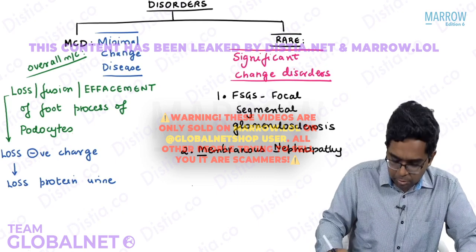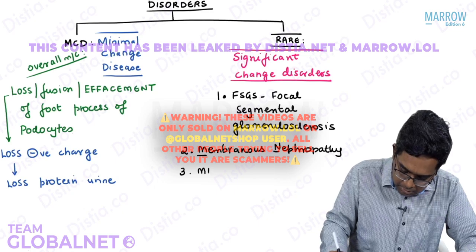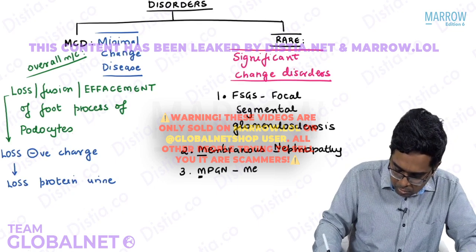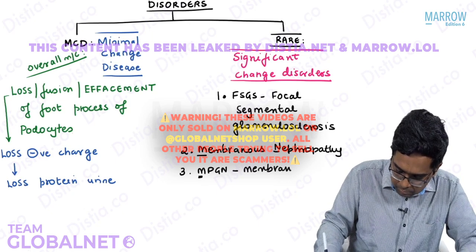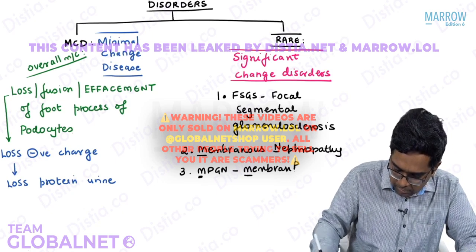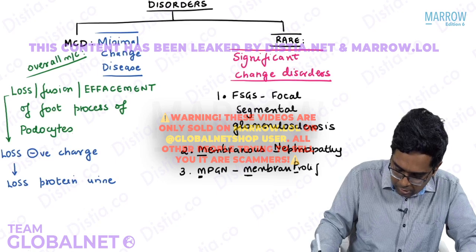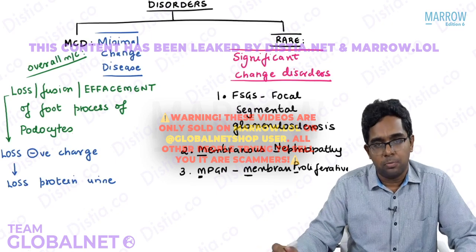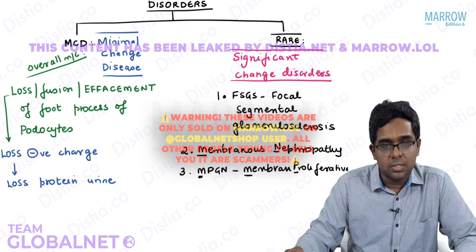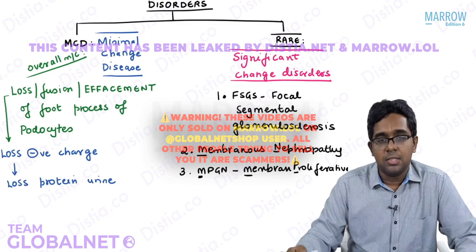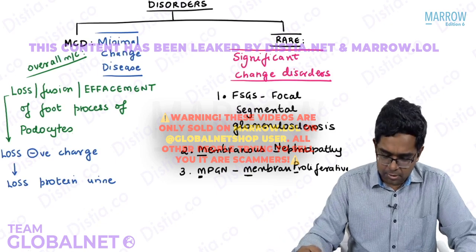And third important condition is MPGN, which is membranoproliferative, that is for M and P, membranoproliferative. GN is for the glomerulonephropathy. These are the three important conditions which are associated with significant change disorders causing nephrotic syndrome.